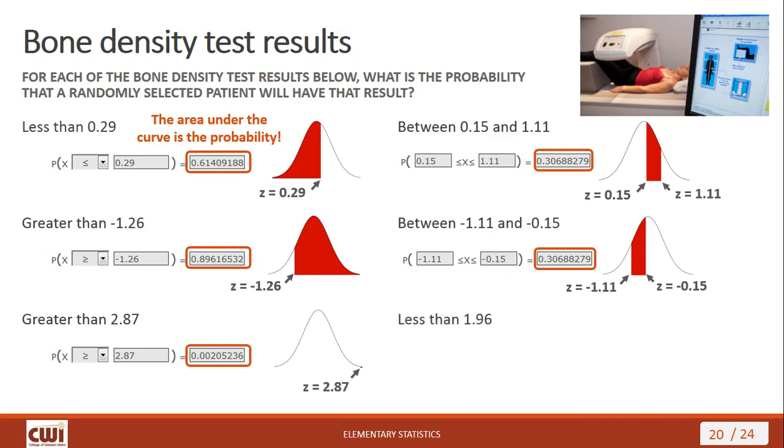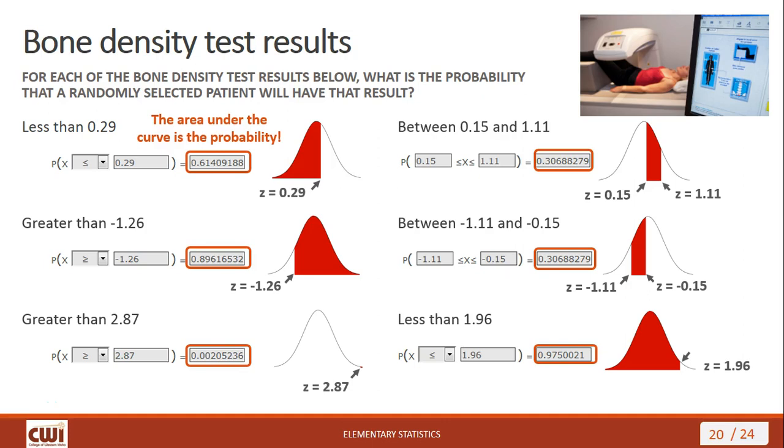Let's look at one more example. Probability that a randomly selected patient will have a bone density test result less than 1.96. So to solve this one, you have to go back up to the top of your calculator and get out of the between mode.